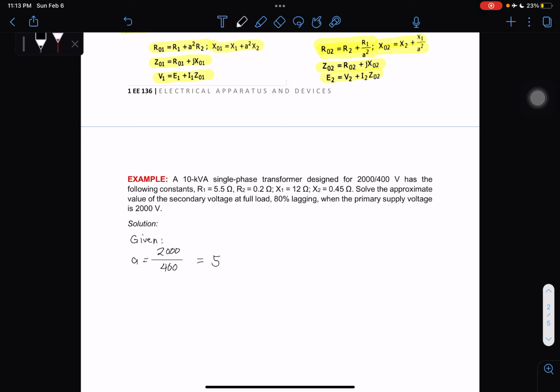First we need to write the given. Our resistance 1 is 5.5 ohms, resistance 2 is 0.2 ohms, our reactance 1 is 12 ohms, and X2 is 0.45 ohms.